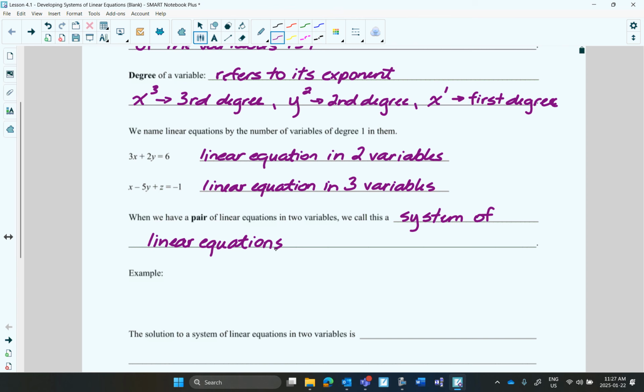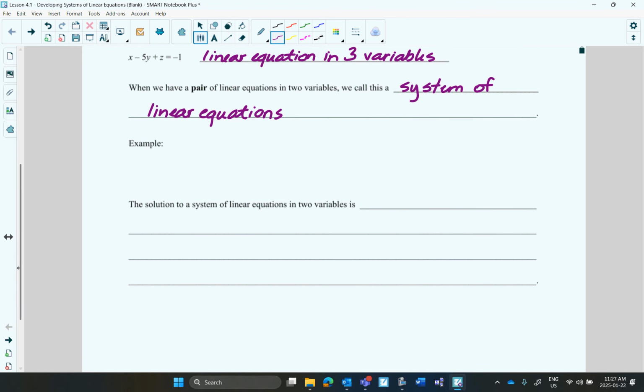So basically, it's got 2 equations, and each of the equations has an x or a y. So an example of a system would be like 2x plus y equals -1, and 7x minus 5y equals 10. There's an example.